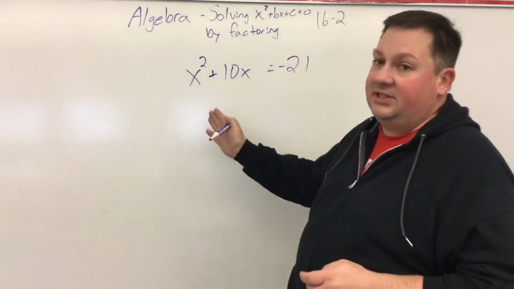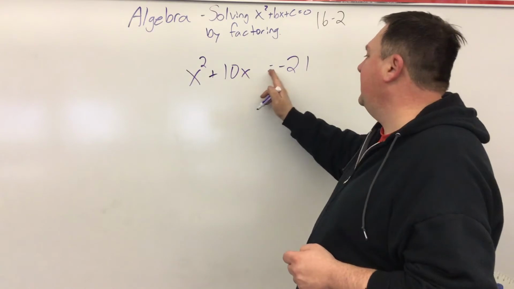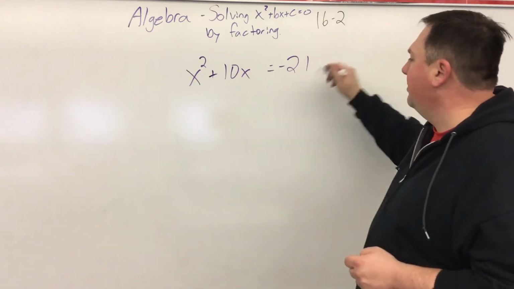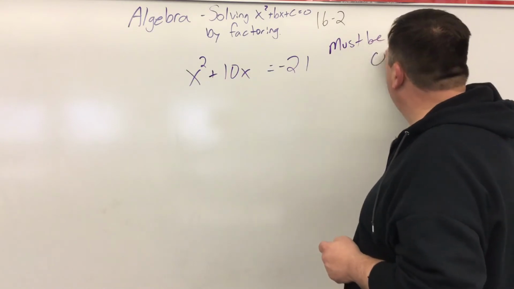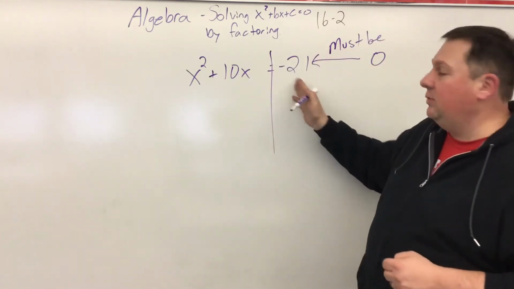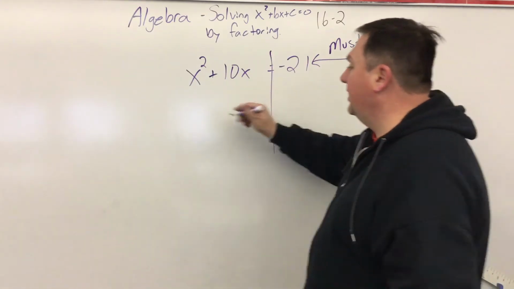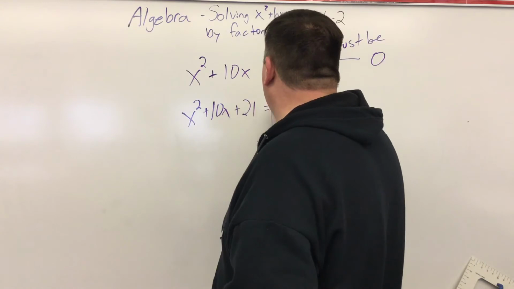Now, we want this in the form x squared plus bx plus c equals 0. So this must be a 0. What we want to do is add 21 to both sides. So we're going to get x squared plus 10x plus 21 equals 0.